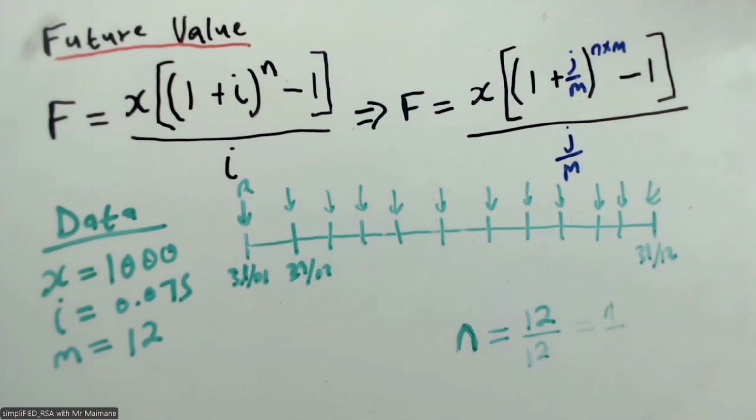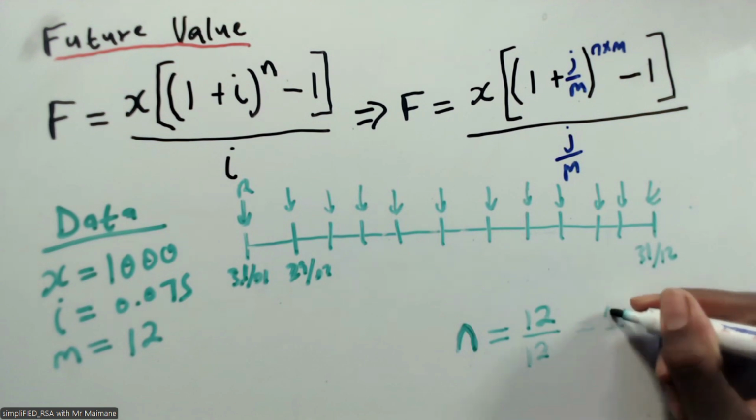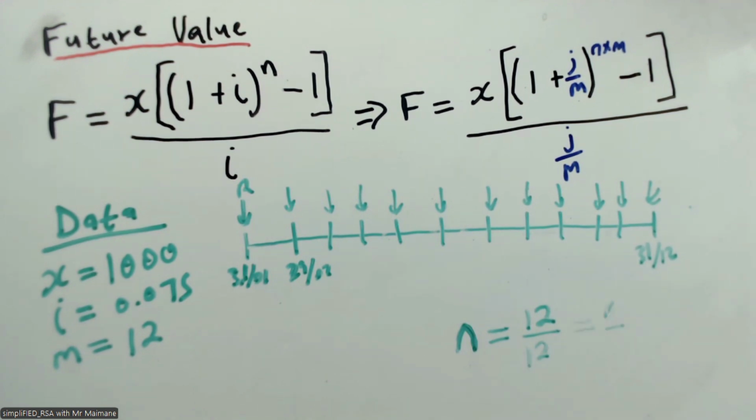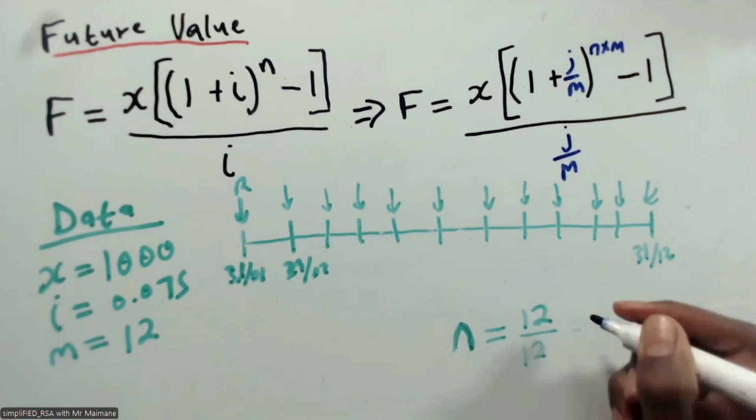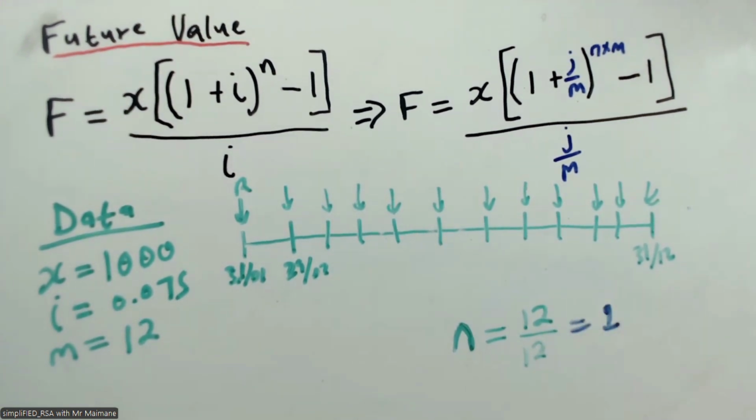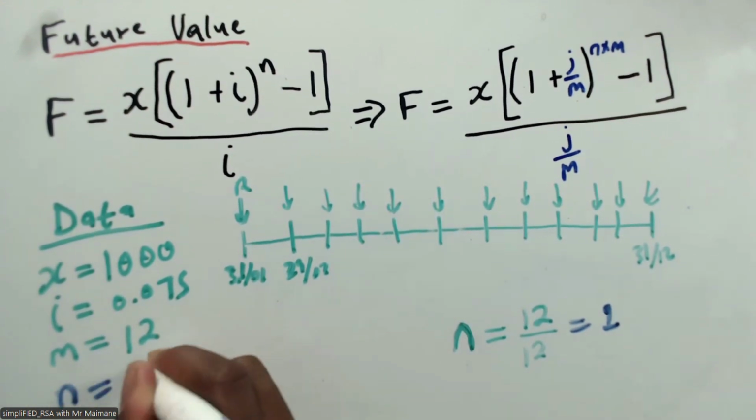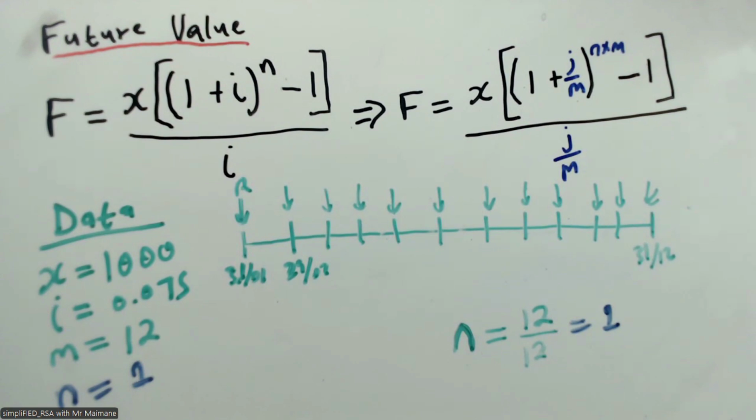But even without this calculation, anyone can see that. So this is going to be 1 year, meaning N is 1.